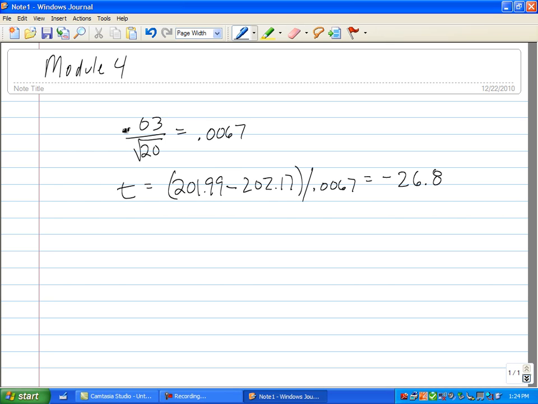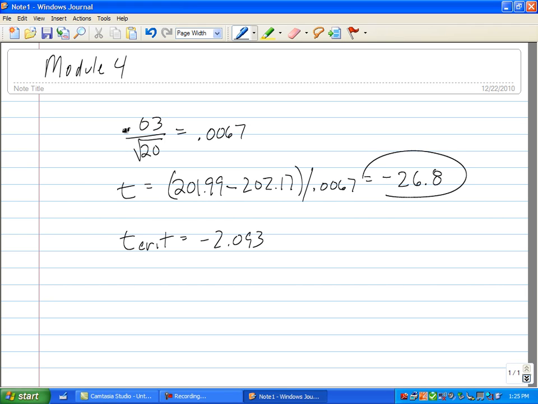Now if we go into the back of the book on page 285 and look up our critical t-value, our critical t-value in this case comes up to be 2.093, or you could say negative 2.093.